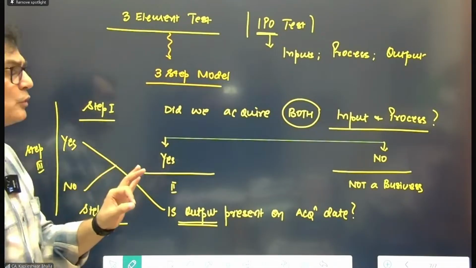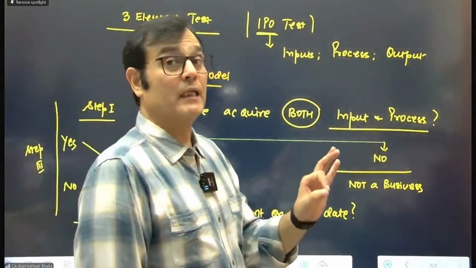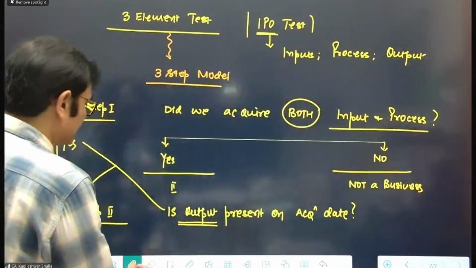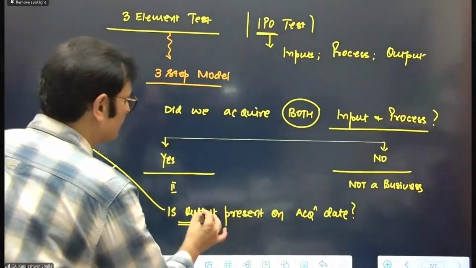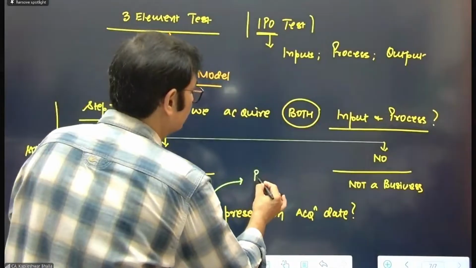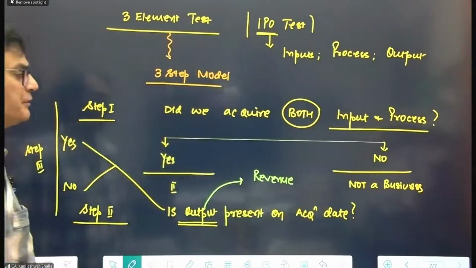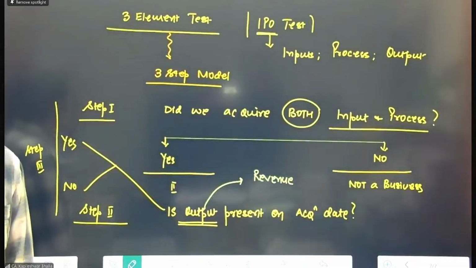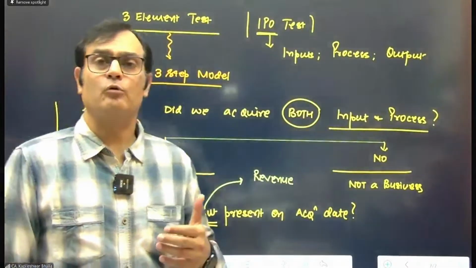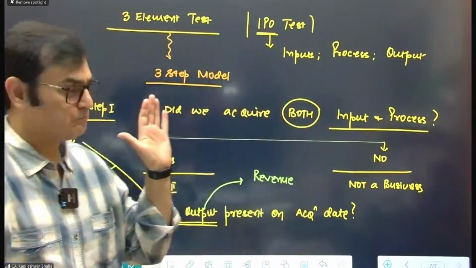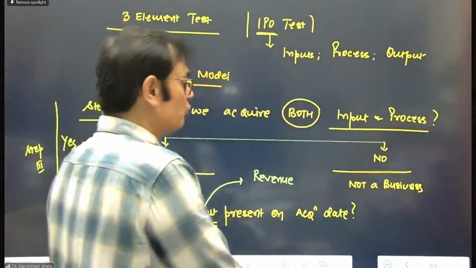The idea is only to identify whether the output is there or not, nothing else. And as I said, when you're looking at the output, the presence of revenue is the indicative factor. If the company is generating revenue, that means the output is present. If not, the output is not present. Then comes the crucial step, that is step number three.